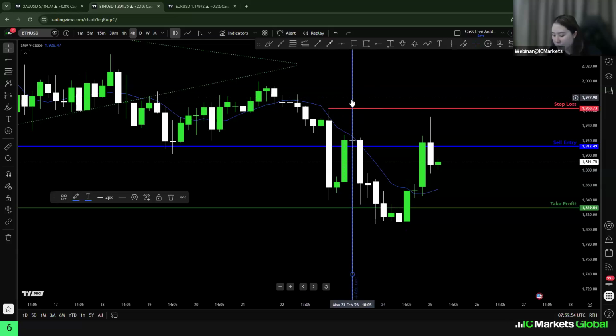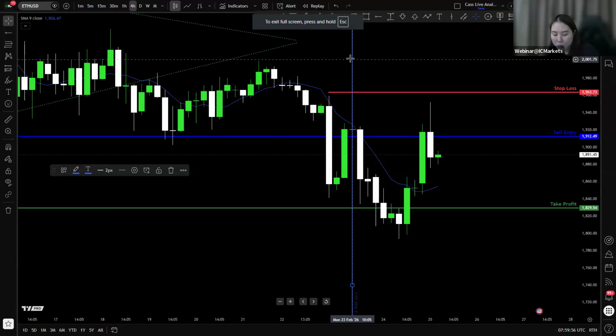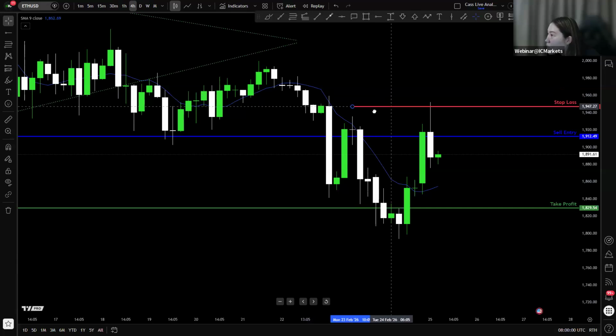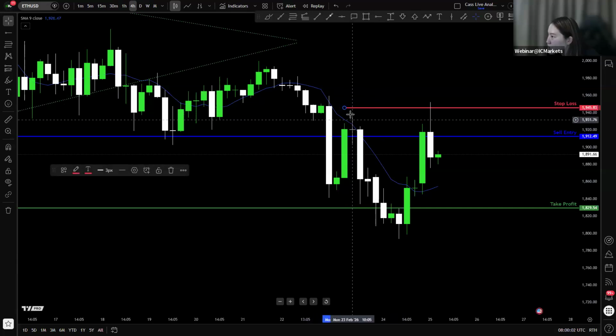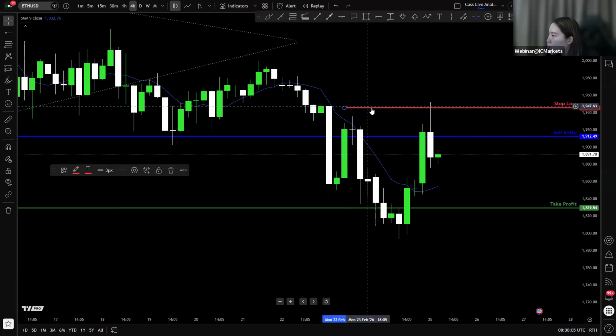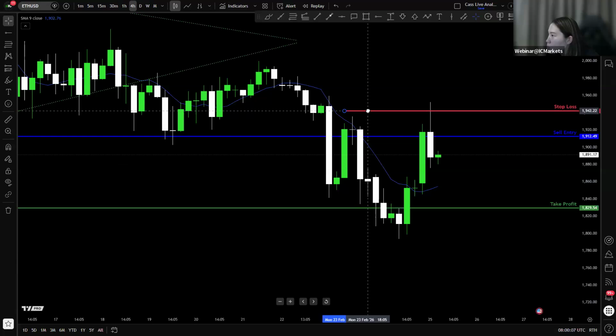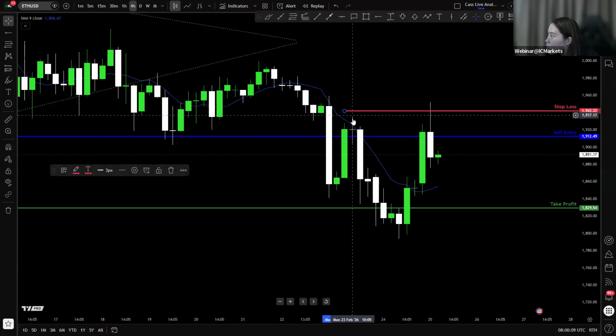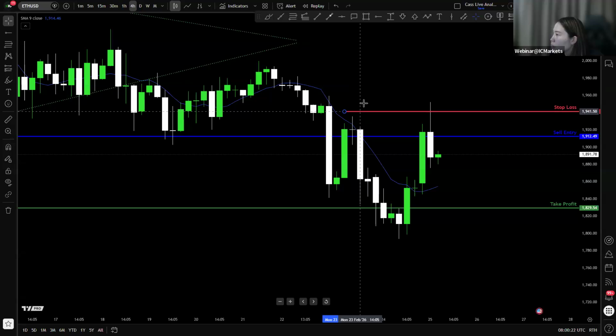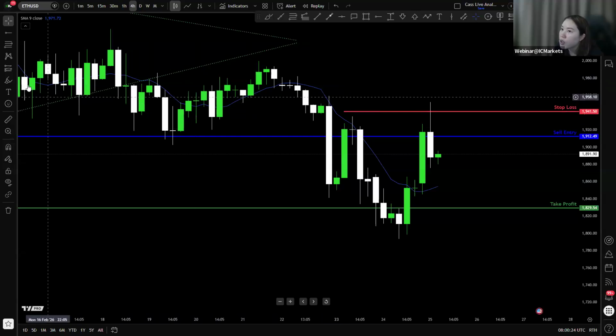For those who have been following me for a while, you know I like to keep my stop loss very tight, right around just above the doji. Once that doji closes, I would have put the stop loss maybe $3 above the high. So let's say the high was 1936, this would have been the exact area.